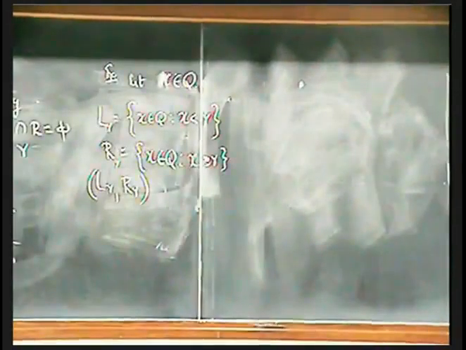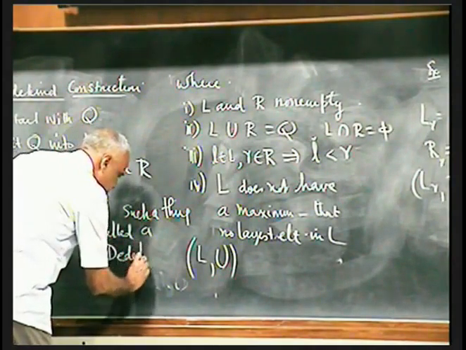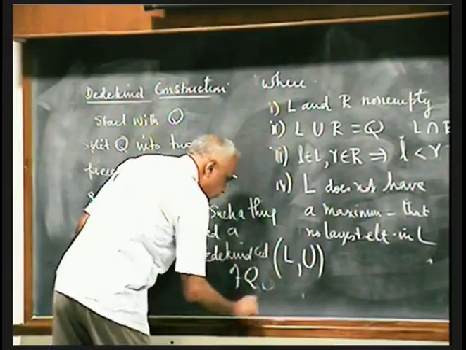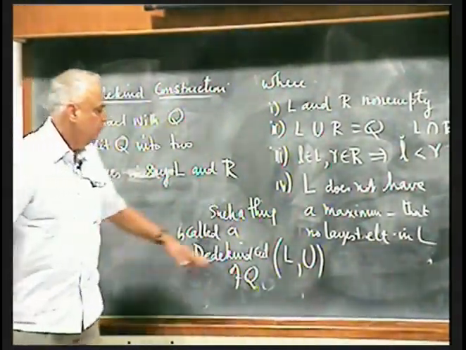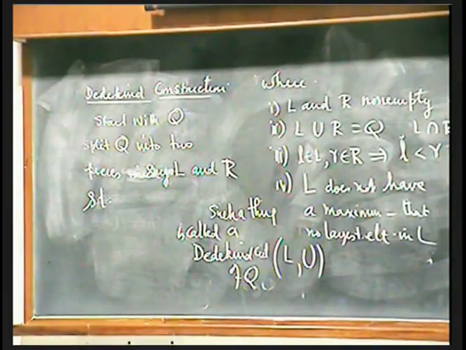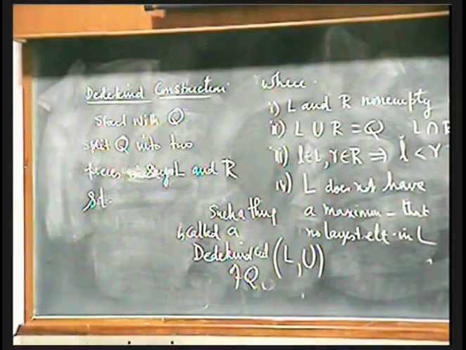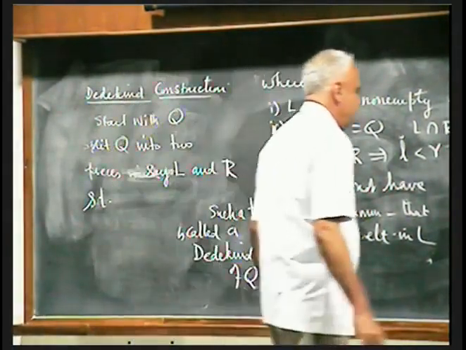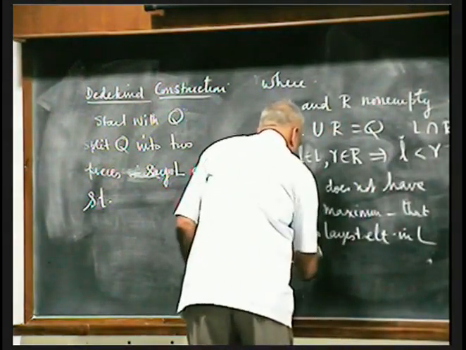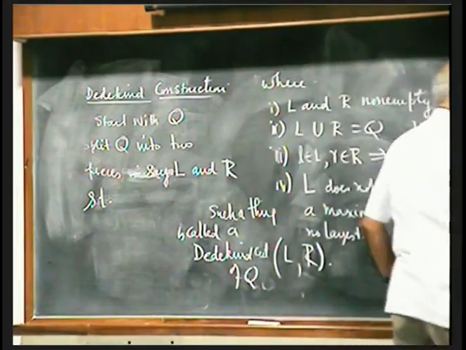Such a thing is called a Dedekind cut of Q. So (L, R), and we denote it by (L, R). L is the left class, R is the right class. I almost go to the standard notation, brainwashed by it. So therefore, this is a Dedekind cut.